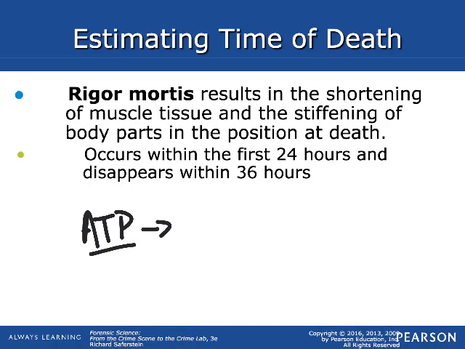So the muscles contract and they don't relax. So rigor mortis is when the muscles start contracting, and it occurs within the first 24 hours, but within 36 hours, everything starts to break down and it goes away. So the body will totally contract and kind of curve. Okay.